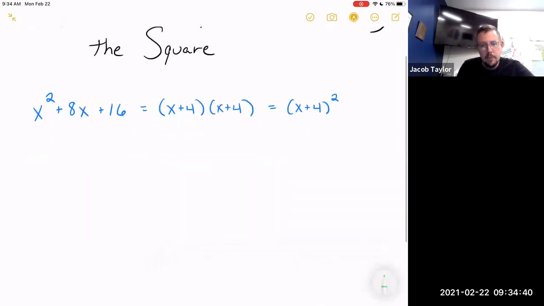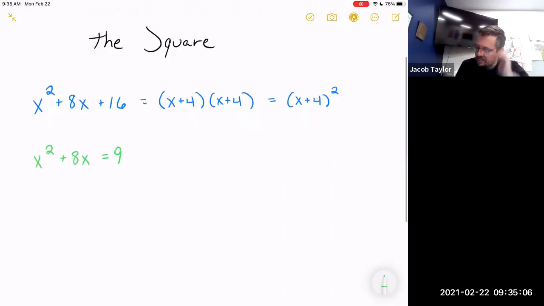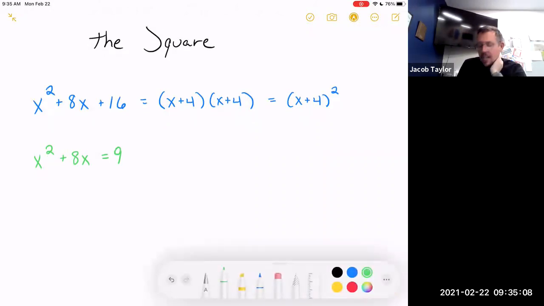Let me give you an example. This one is not a perfect square trinomial, but I'm going to show you how you can make it one.